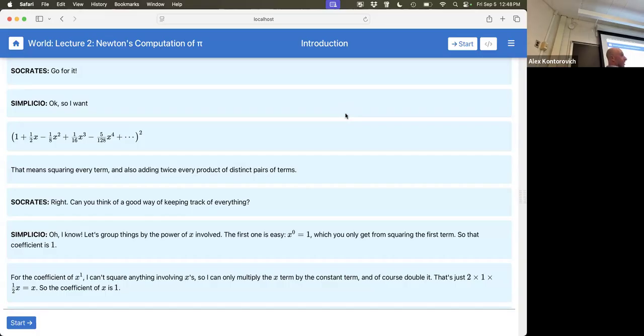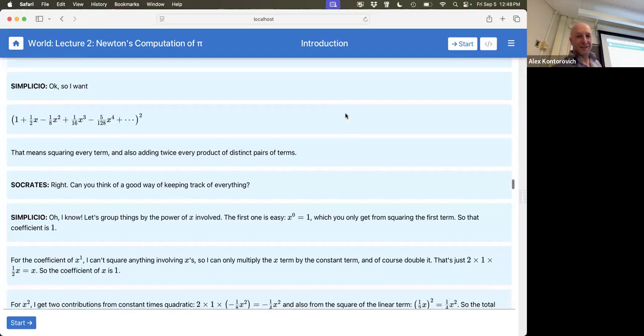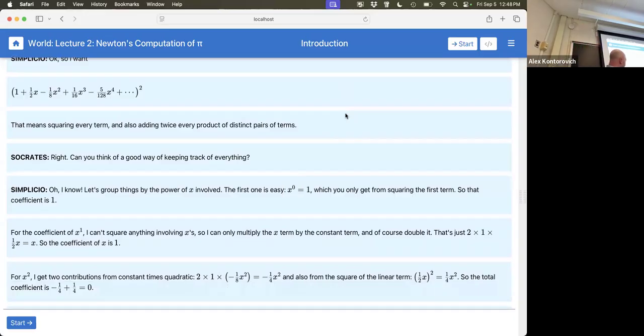So that's a quarter x squared. You also get 2 of 1 times -1/8 x squared. So the coefficient of x squared, I get 2 contributions from the constant times the quadratic, 2 times 1 times that. I also get the square of the linear term, which is a quarter x squared. So the total coefficient is -1/4 and +1/4. It just cancels out. There is no quadratic. Okay, work out the cubic. How do you get an x cubed term?